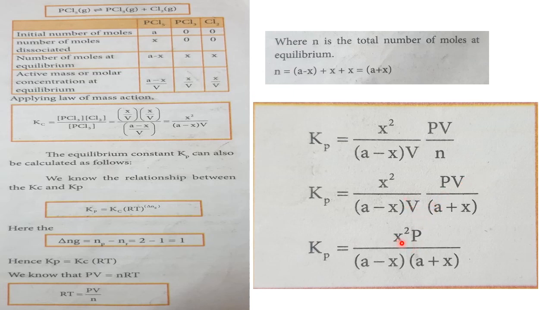The remaining terms: X square P divided by A minus X into A plus X. So Kp for PCl5 is equal to X square P by A minus X into A plus X. This is the way to derive Kp and Kc for the dissociation of PCl5.